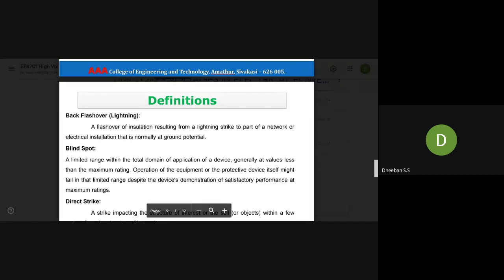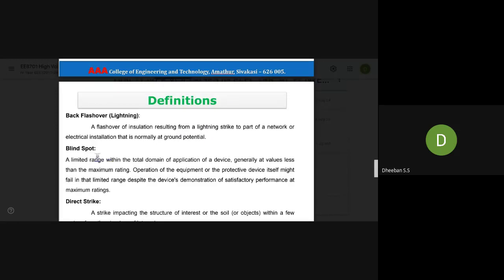Flashover of insulation resulting from a lightning strike to part of a network or electrical installation that is normally at ground potential. This back flashover is mainly caused by a lightning strike. That's what they're saying here.